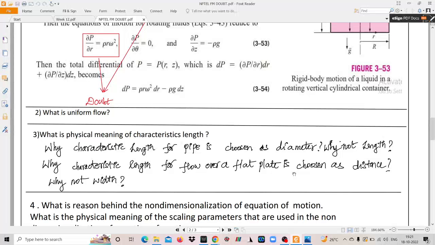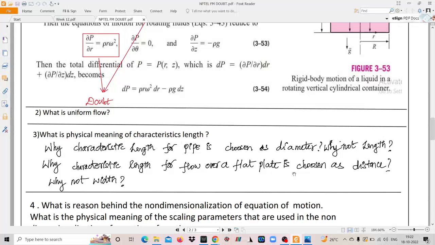But in order to arrive at a particular quantity as a characteristic length, or maybe any characteristic property, you need to perform a lot of experiments. Based on the results of the experiments, you need to see why you are doing the experiments.